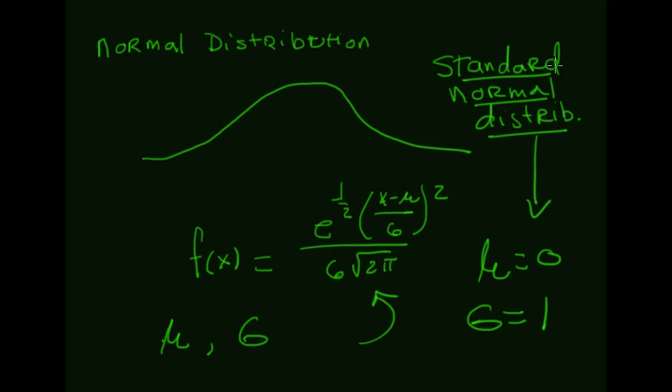All right, so we're going to work through an example on this of finding a probability. And we're going to use the calculator to do that because we're never going to use this formula by hand.